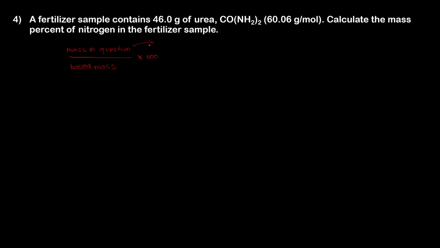So this is N. And our base mass would be urea, or CO(NH2)2. But this time we are given a mass of the sample.